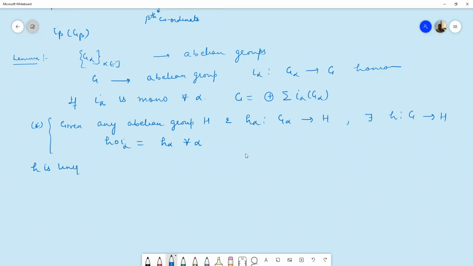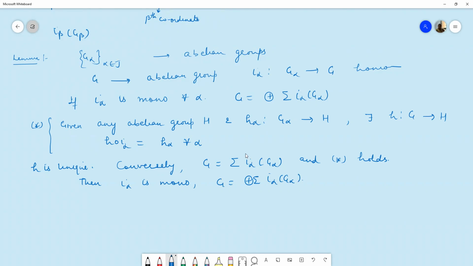The converse is true in the sense that if G is generated by the groups I alpha, G alpha, and the extension condition holds, then each I alpha is a monomorphism, and G will actually be the direct sum of the I alphas, G alphas.